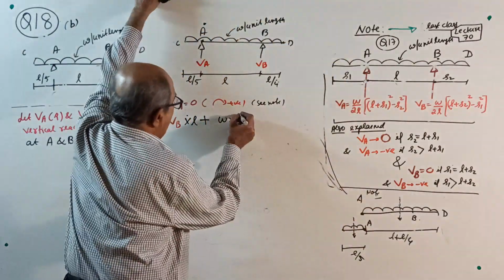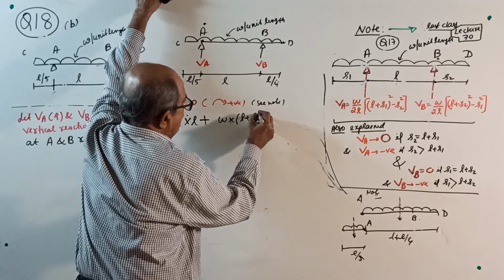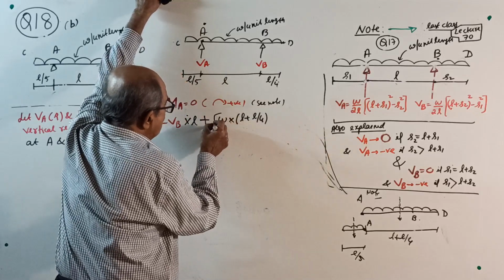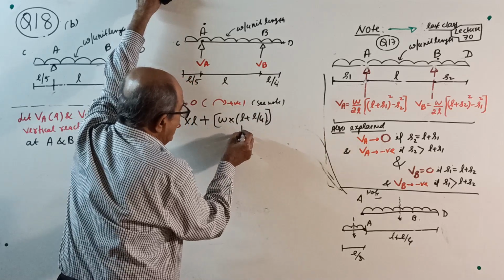W into bracket L plus L by 4. This is the total load. Next time I won't write.